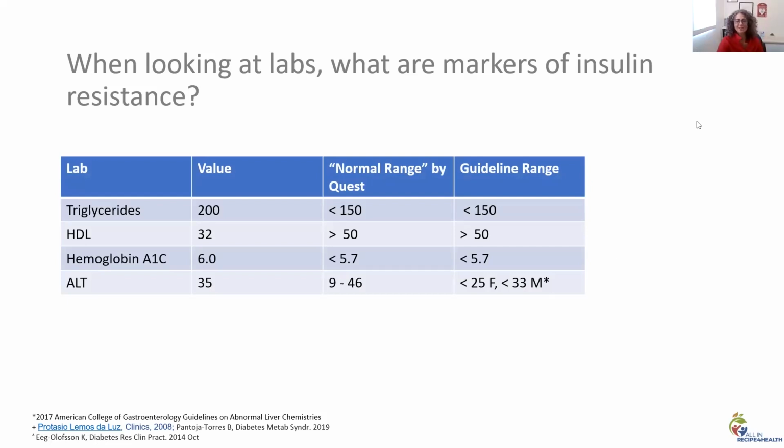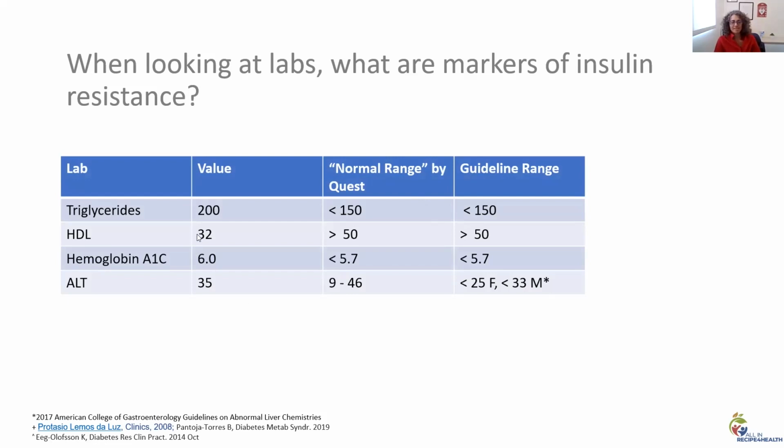Sure. So Mrs. C, we got her values, and her triglycerides were 200, her HDL was 32, her hemoglobin A1C was 6, and her ALT was 35. We talked at the first session, and everybody agreed that her HDL was a little bit low for sure.